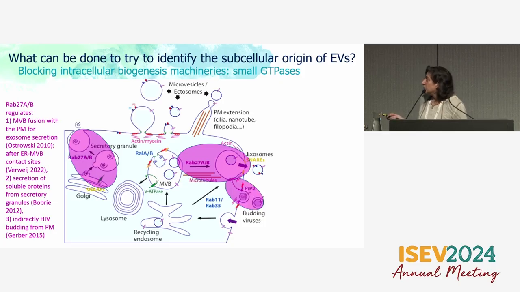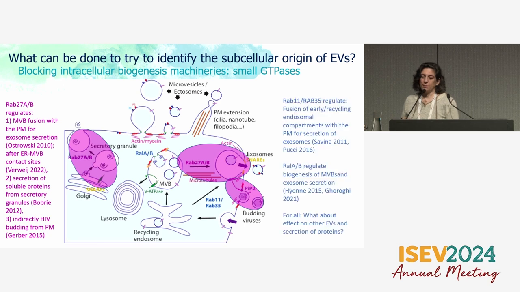And then the last aspect that was published later by Matthias Ostrowski's group was that it was also blocking indirectly the budding of viruses from the plasma membrane by preventing bringing of PIP2 to the plasma membrane. So indirectly, blocking RAB27 was blocking also the secretion of ectosomes, vesicles budding from the plasma membrane.